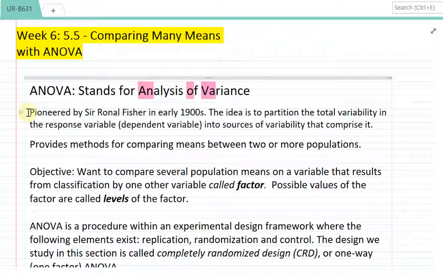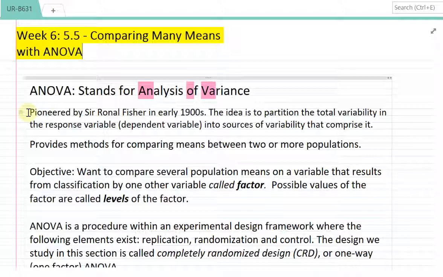The idea is pretty simple, at least now it is simple, because we know what these statisticians had in mind almost 100 years ago. The idea of Fisher was to partition the total variability in, let's say, y values, which we call the response variable or dependent variable, into sources of variability that make up that variation in the dependent variable.